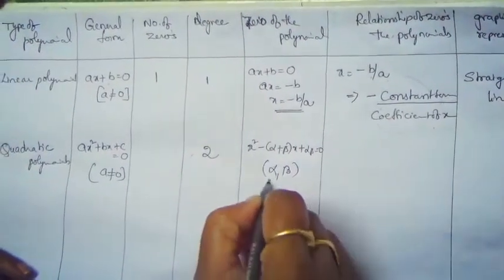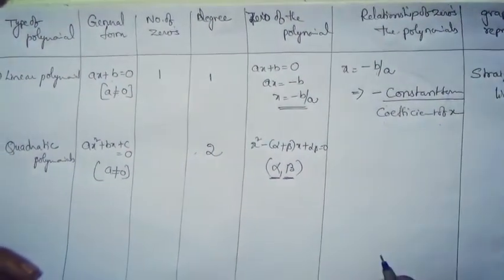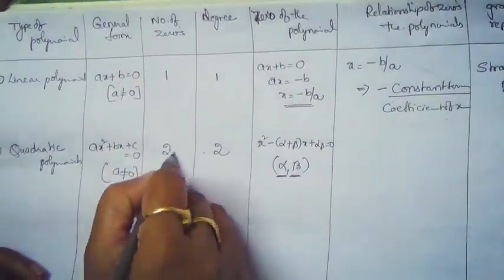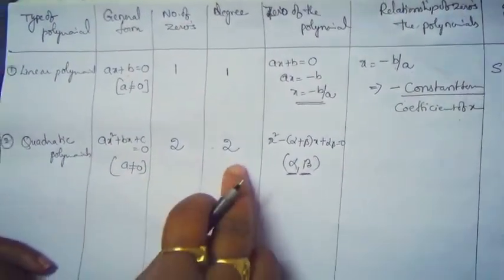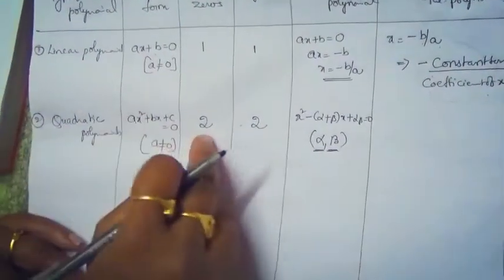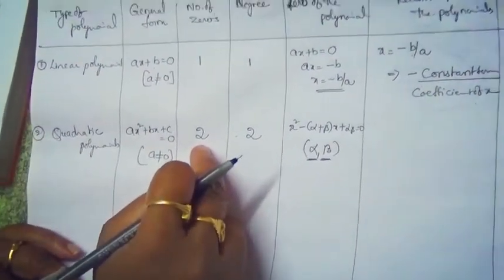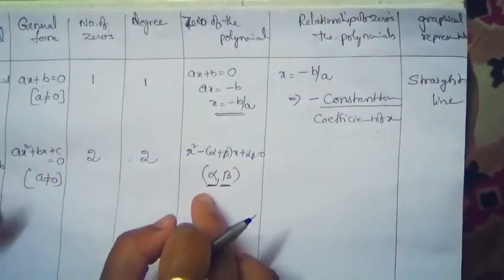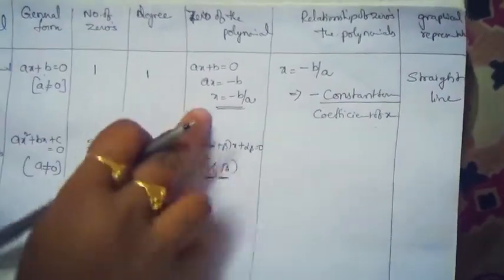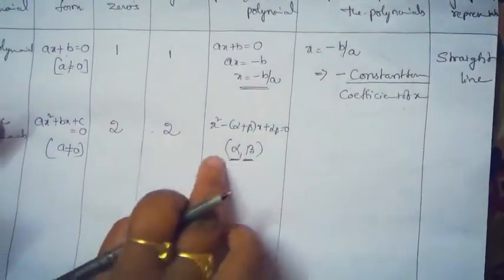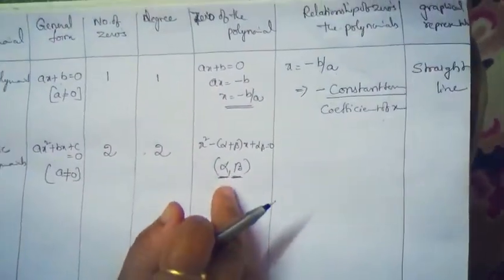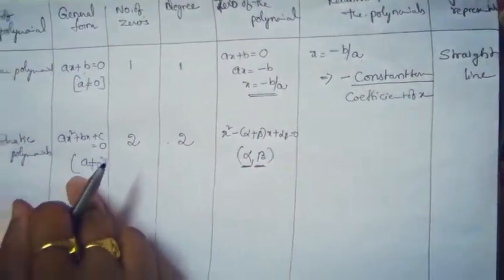Here the degree is 2, and the number of zeros is also 2. We are just imagining that the values are alpha and beta. Just like x is equal to minus b by a, x is equal to alpha, x is equal to beta. You will get 2 answers for this quadratic expression.